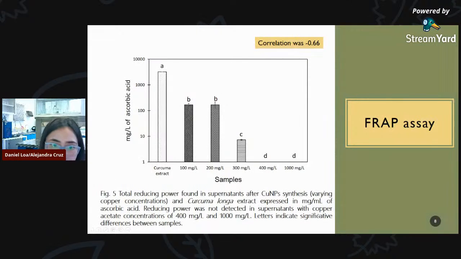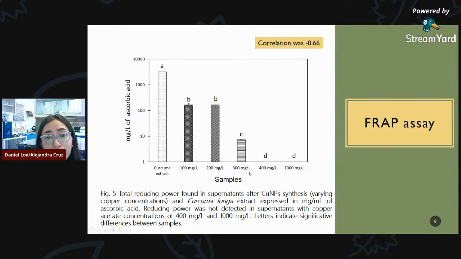And the results, you can see here. As a reference, we took the Curcuma longa extract, and then we analyzed all of the syntheses that we implemented. As you can see, the lowest concentrations still have a high amount of reducing power, in this case expressed as milligrams per liter of ascorbic acid.